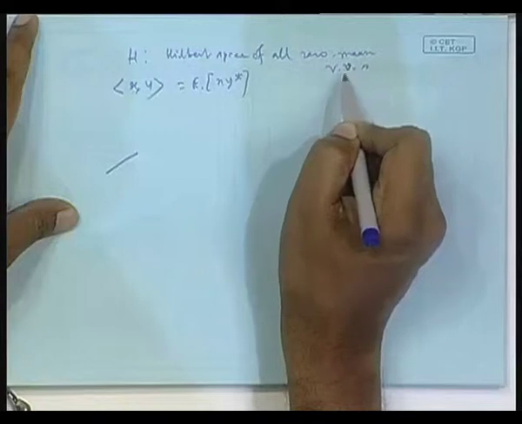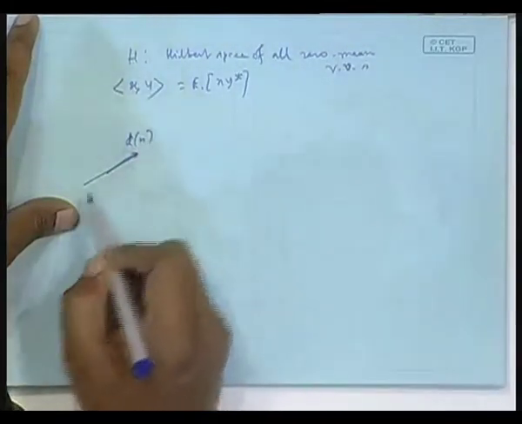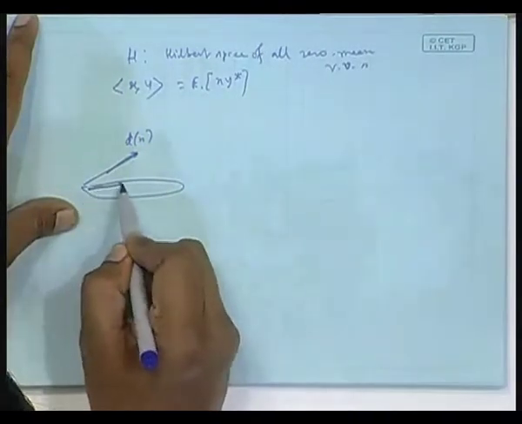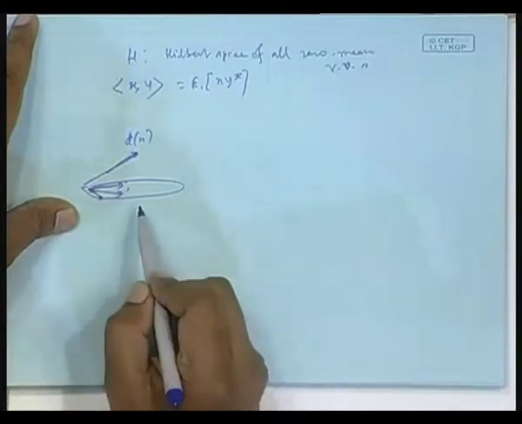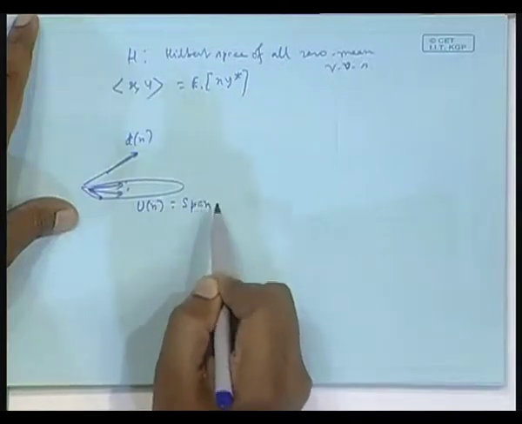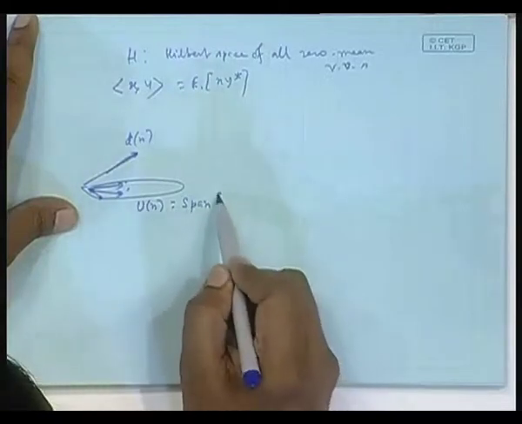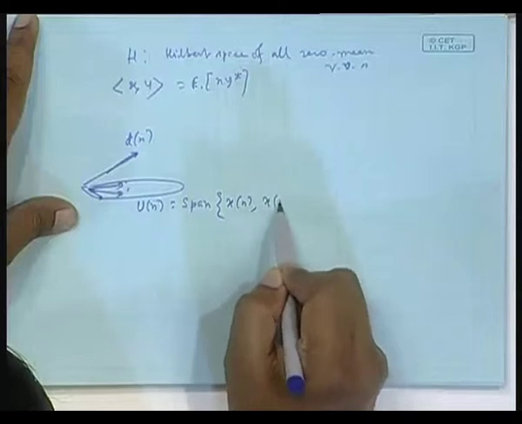Suppose you have a vector Dn and a space spanned by some elements. This Un is a span of some data sequence xn. I am introducing the notion n here because again time is coming in.